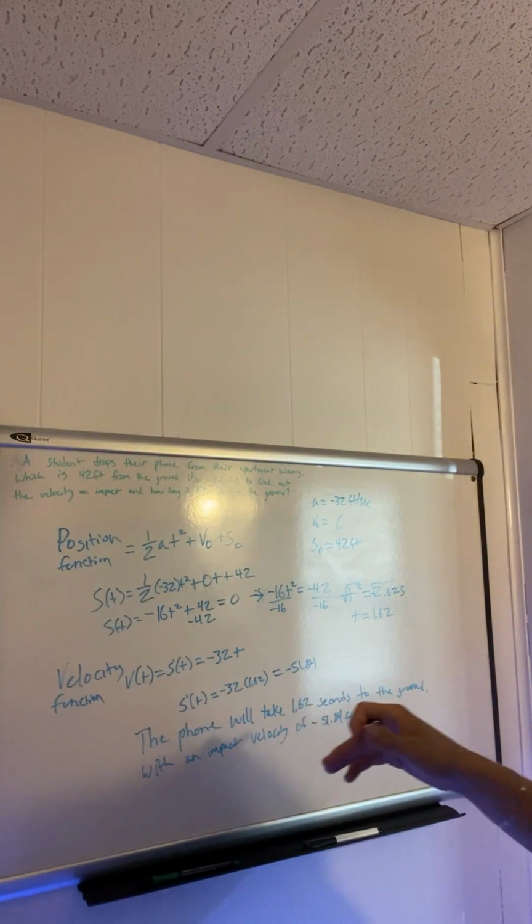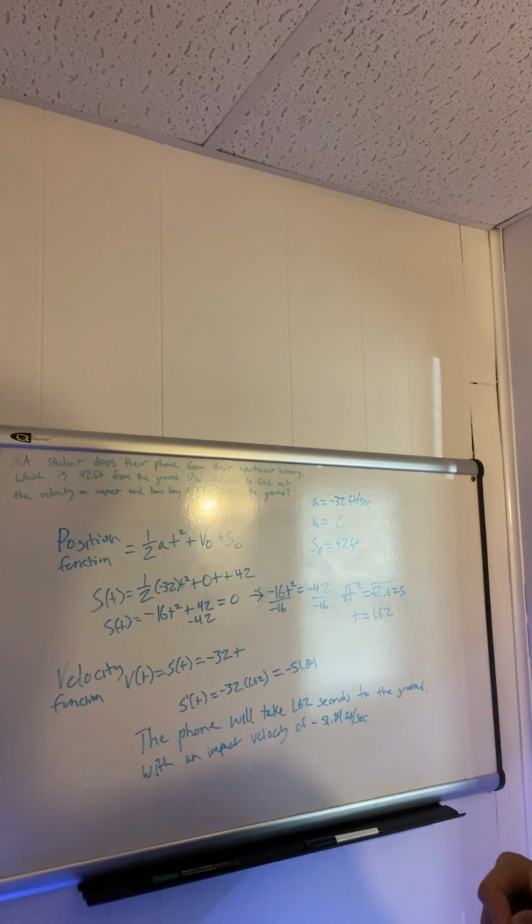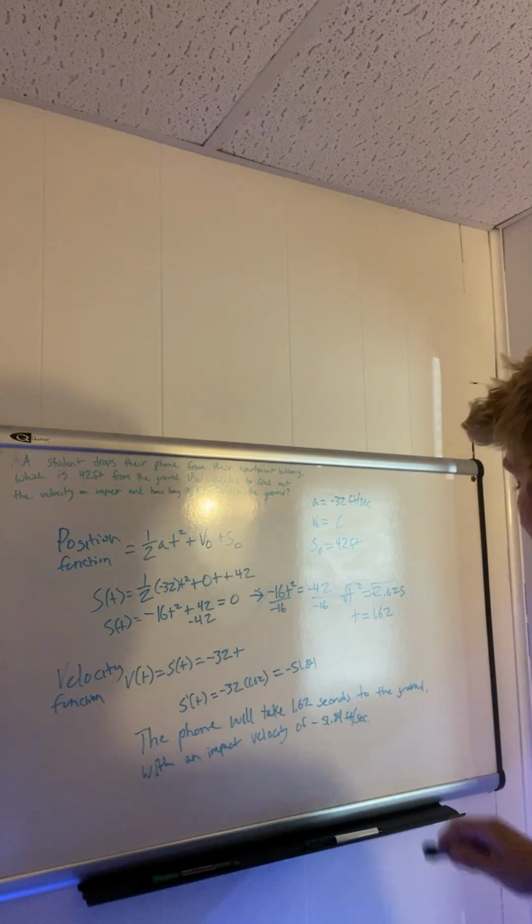So yeah, the phone will take 1.62 seconds to hit the ground with an impact velocity of 51.84 feet per second.